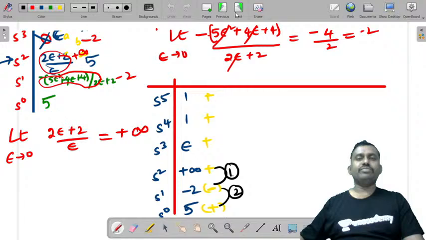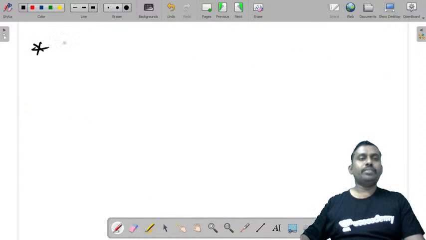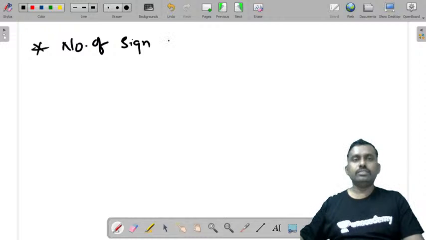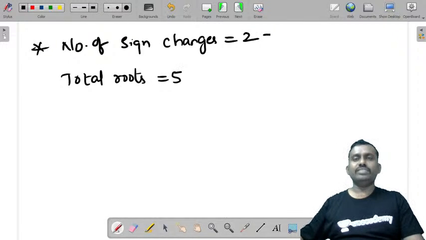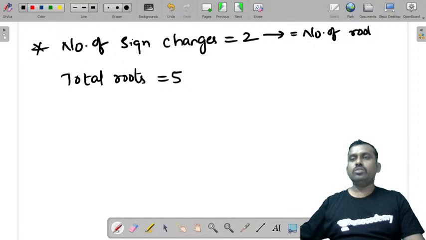Total number of roots are 5. So this is the second problem we have got. Number of sign changes is equal to 2, total roots is equal to 5. What does the number of sign changes indicate? It is equal to the number of roots on the right half of the S plane.